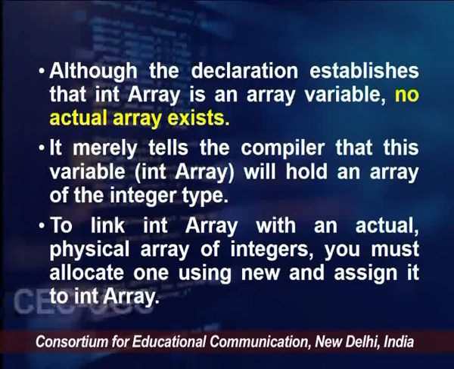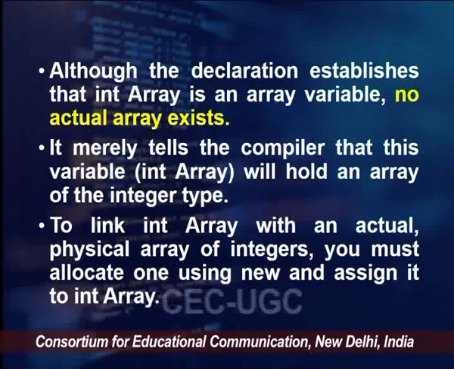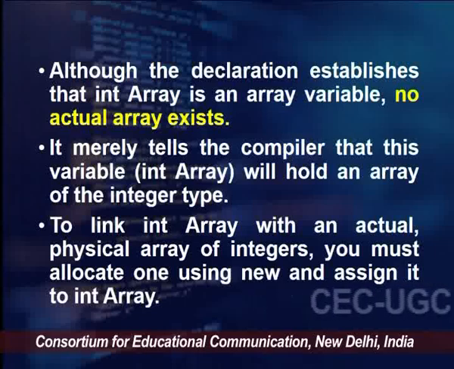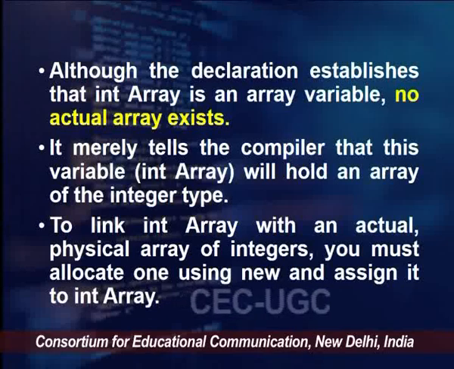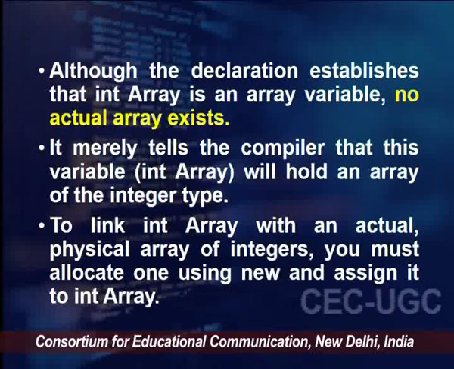Now, in order to link this variable, whatever name it could be, with an actual physical array of integers, one must allocate the memory using new and then assign it to the variable. So that means declaring and instantiating an array in Java are two separate steps.